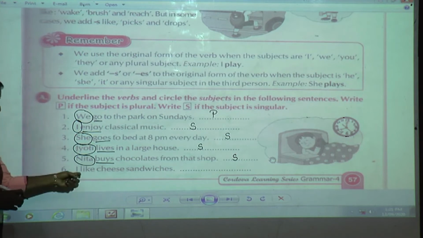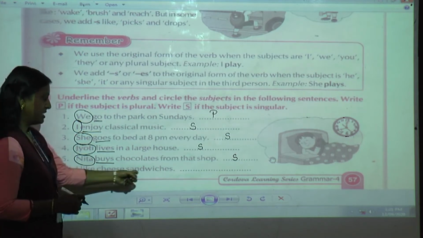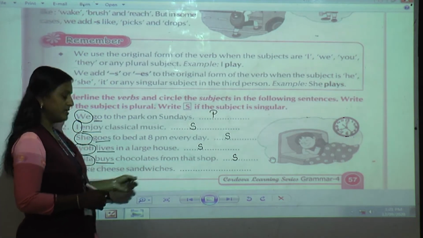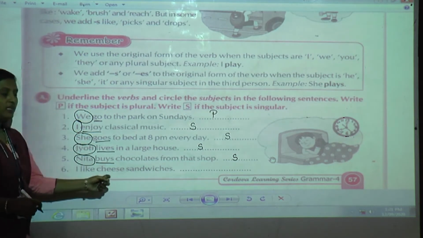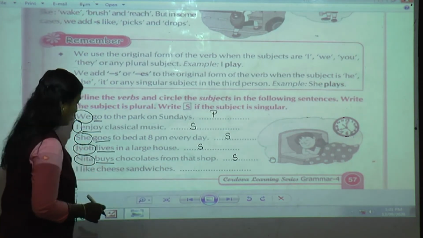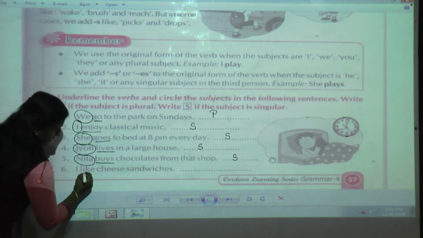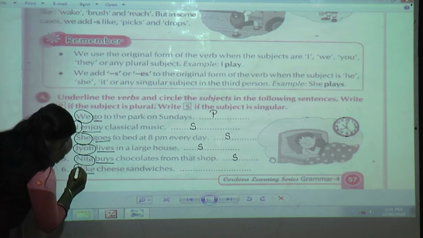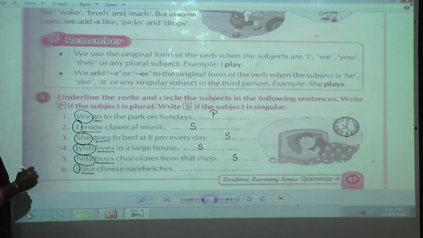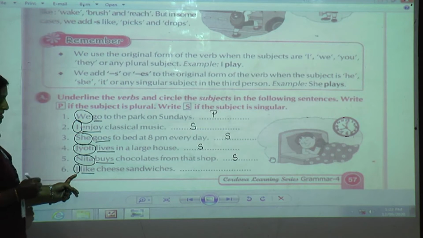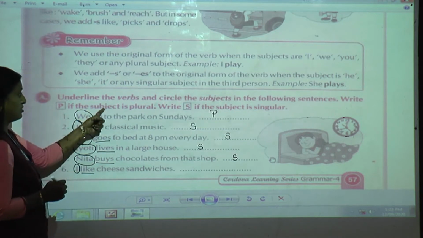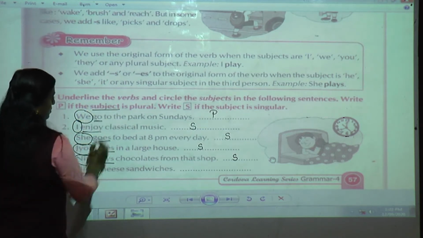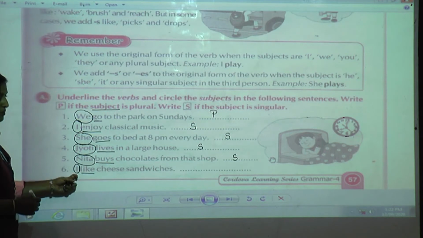Next, I like cheese sandwiches. What is the sentence? I like cheese sandwiches. So what is the verb over here? Like. The subject is I. So for I, what do we have to see? We have to check the subject, yes or no? So the subject is singular or plural?